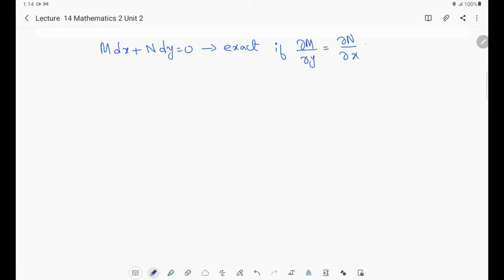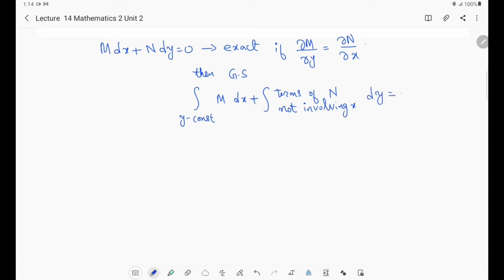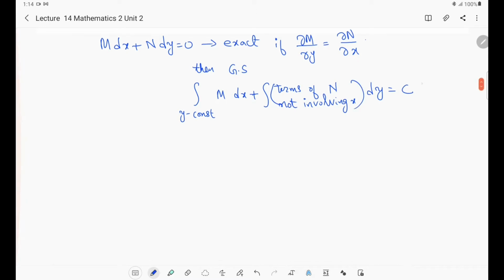If it is exact, then the general solution is given by the integral of M dx, treating y as constant, plus the integral of the terms of N not involving x, into dy, equals c, right? This will be the general solution for the exact differential equation.